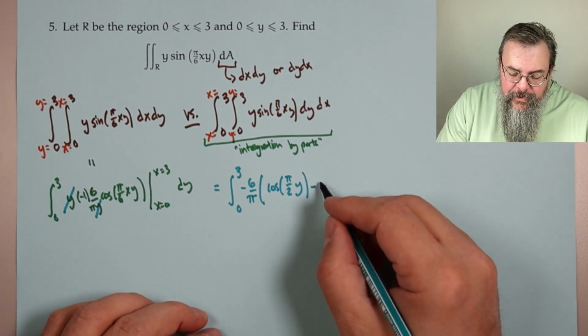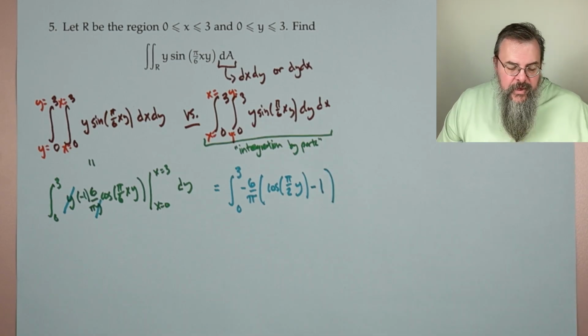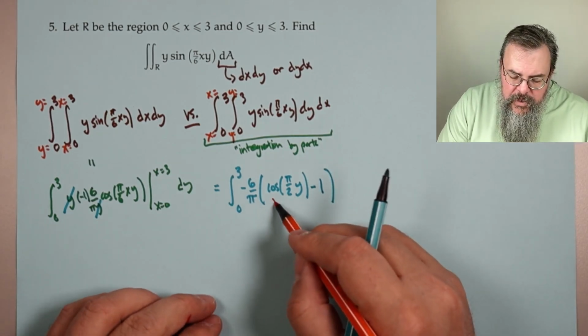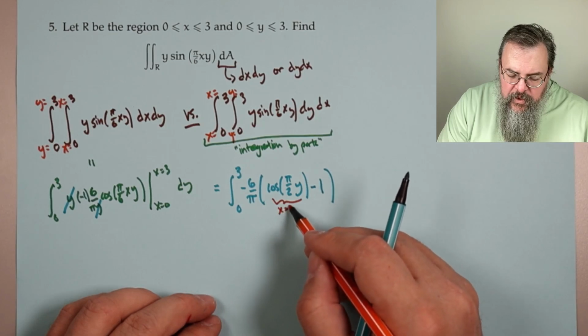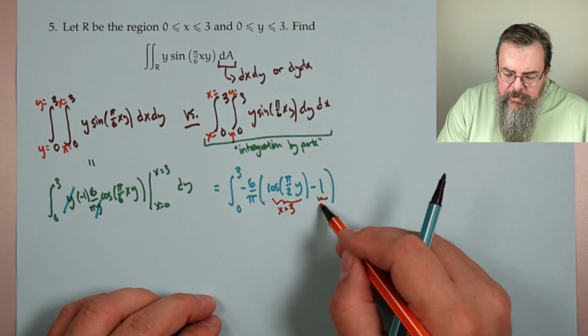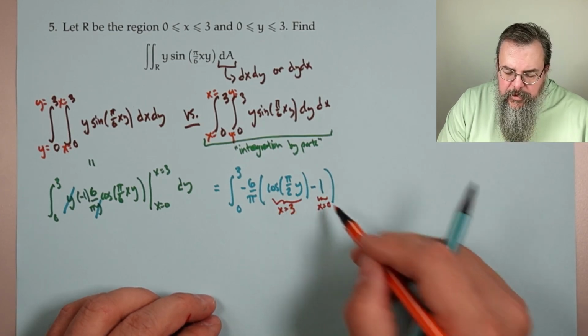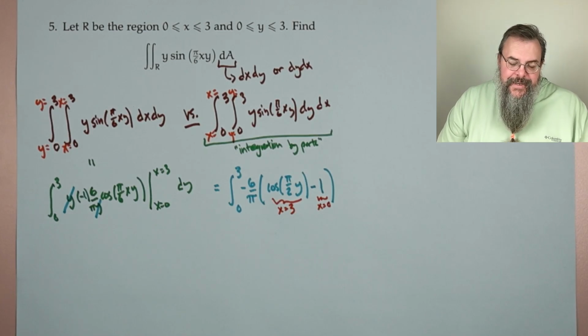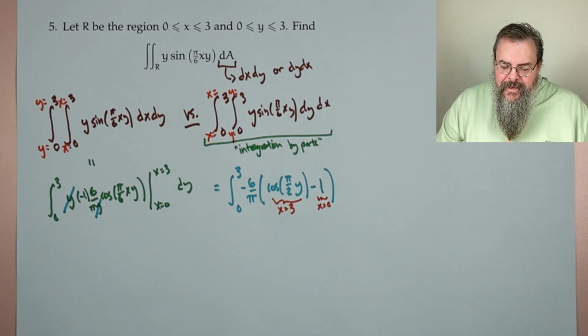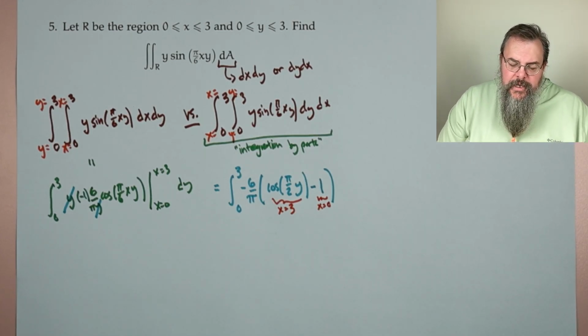So minus 1. Okay, so we'll just make some notes here. This is what we get when you plug in x equals 3. This is what you get when you plug in x equals 0. All right. Nice. Okay, so we're making good progress here.